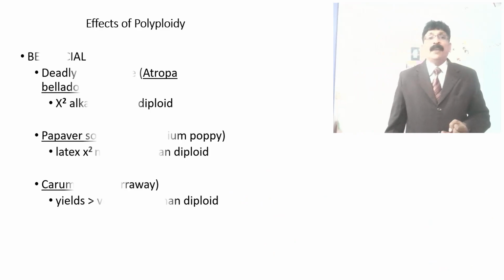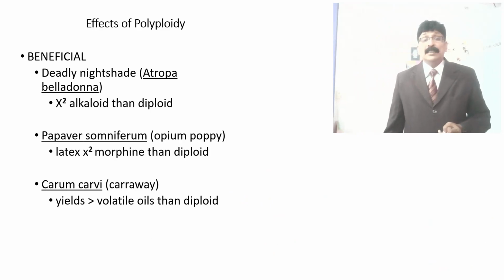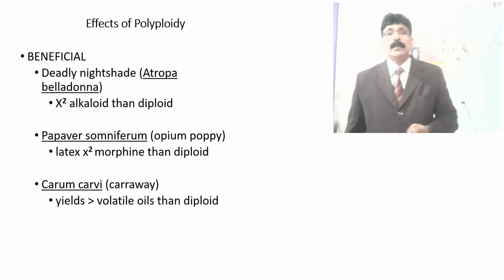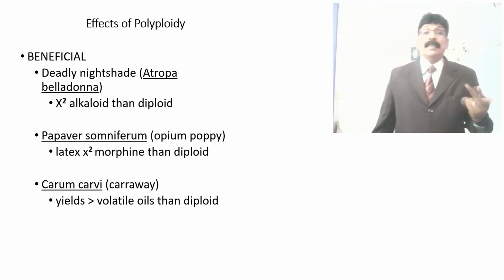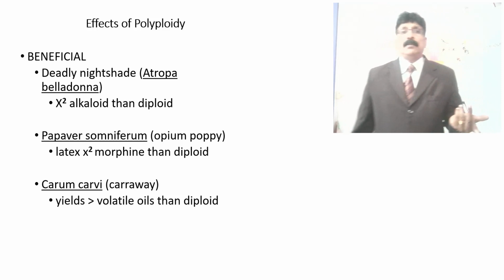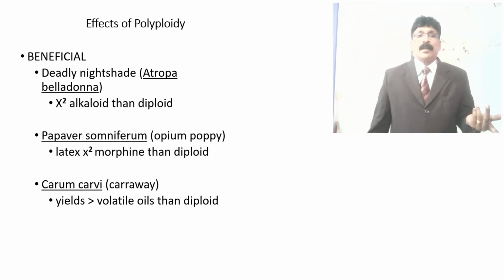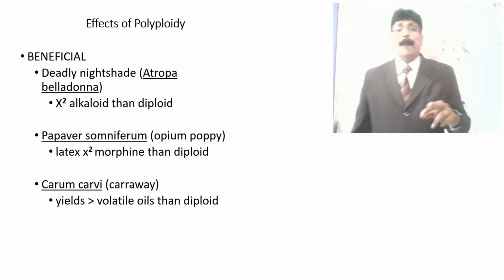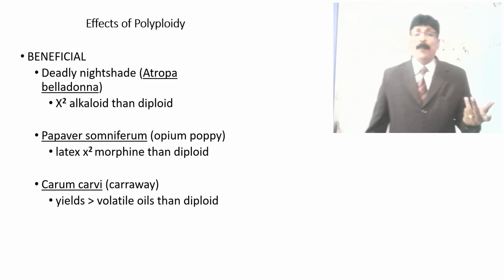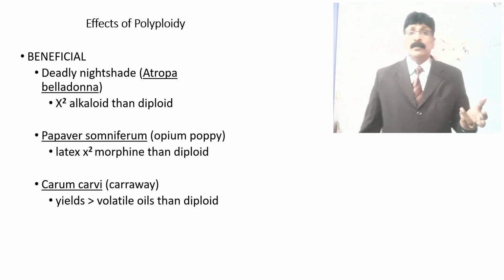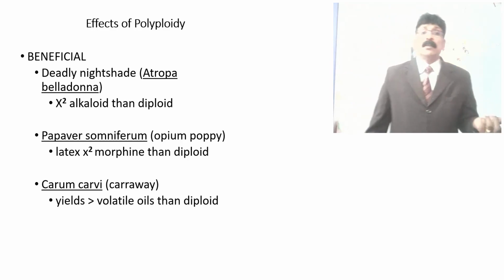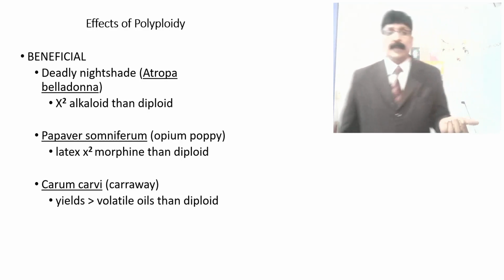Effect of polyploidy can be beneficial. Example, deadly nightshade, Atropa belladonna, has double the alkaloids of a diploid when you do polyploidy. And when you do it in Papaver somniferum, the opium poppy, the latex has double the morphine of a diploid plant.